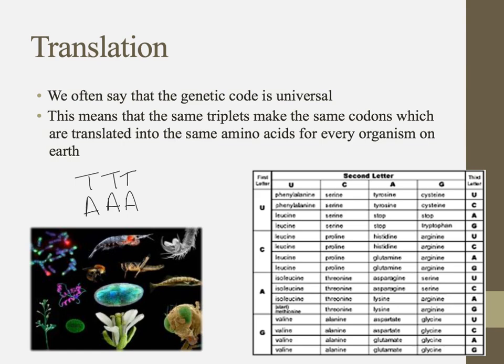A is always complementary to T, no matter what organism you're looking at. And these get translated into the same amino acid in every organism. That DNA code is universal. You don't need to go looking for one of these charts for humans and a different chart for cows and a different chart for bacteria. It all works the same.